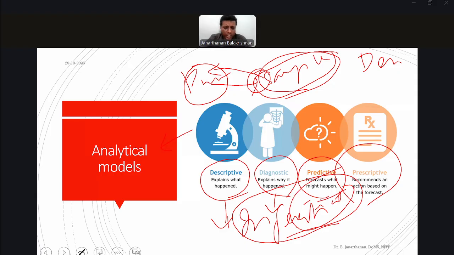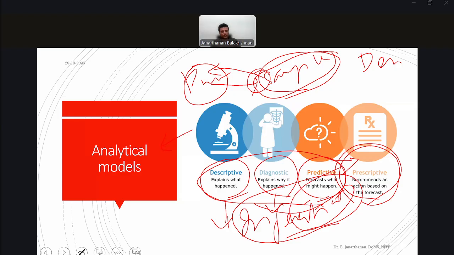Predictive is prediction. You can use your ANN, multi-language tools, natural language tools and predict what it's about. Prescriptive is very beautiful: after all, whatever you have identified here, you make recommendations based on that.